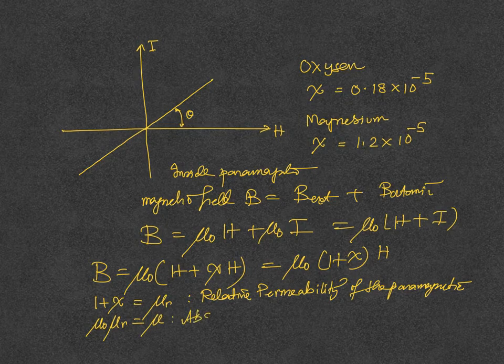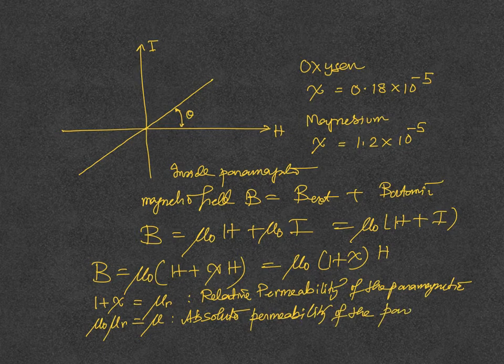This is absolute permeability. Absolute permeability of the paramagnetic. So that is all about paramagnetic substances. Remember the formulas and susceptibility and all this.